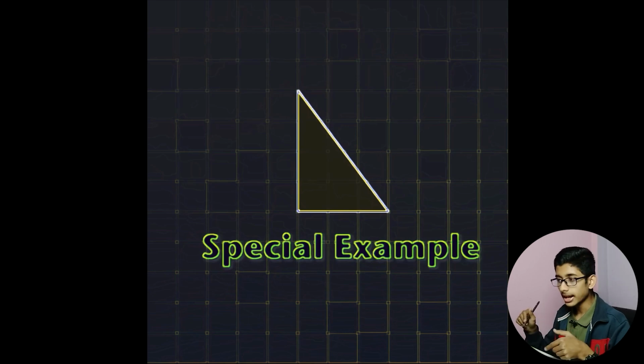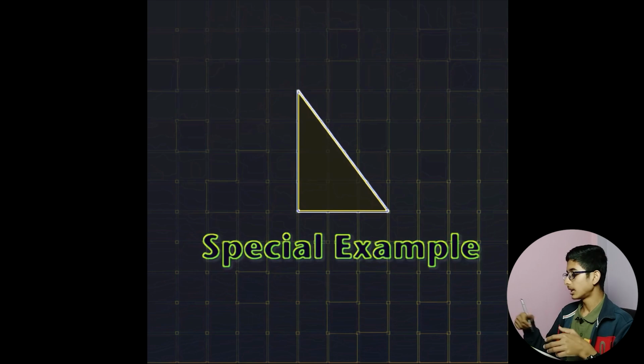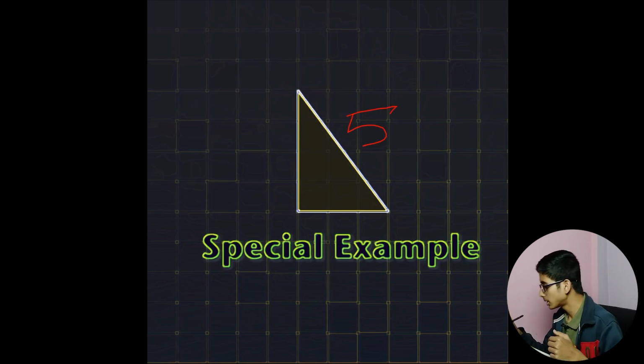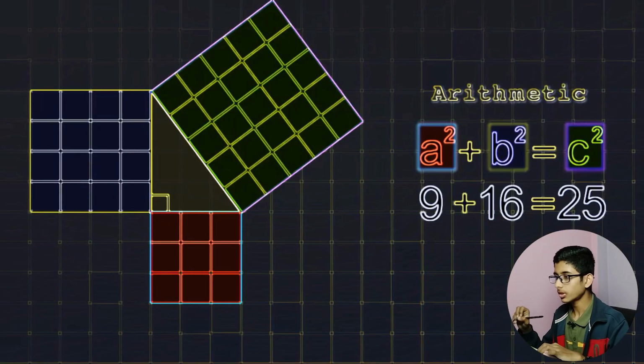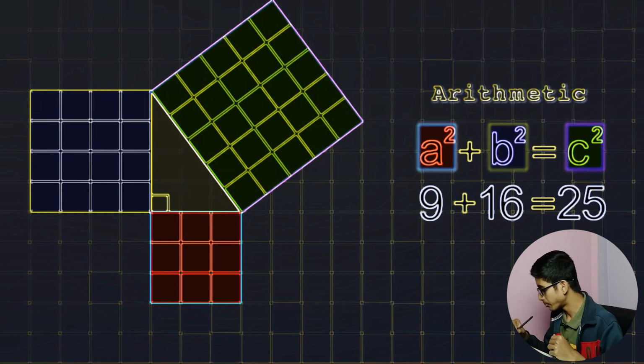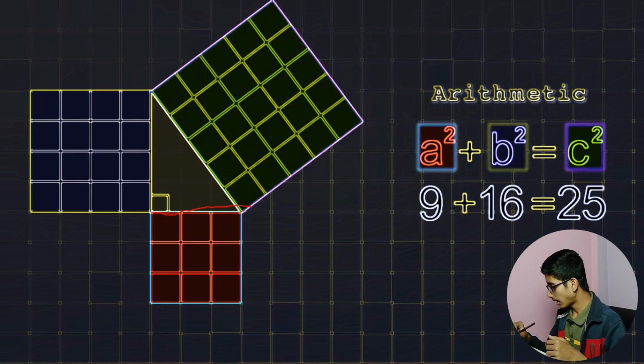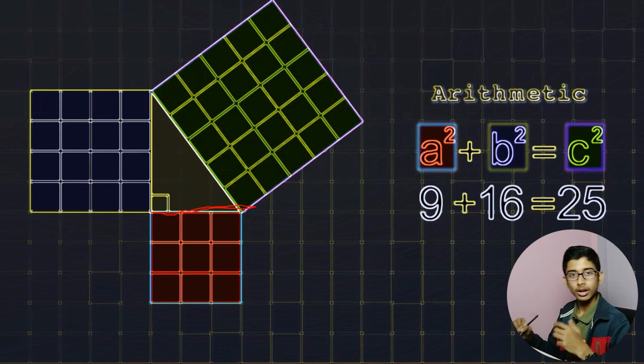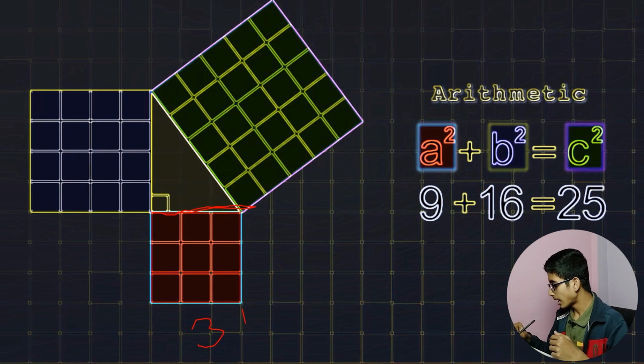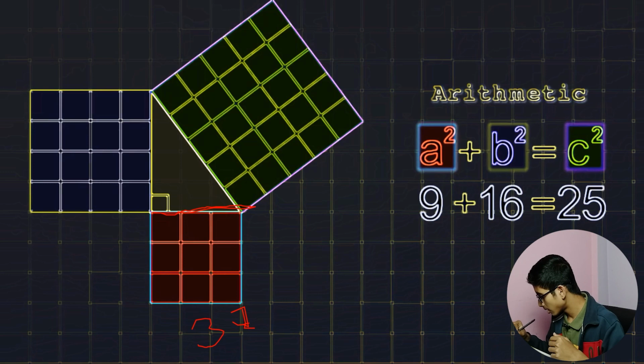So, to understand the Pythagorean theorem, we are going to use a special example. In our special example, the hypotenuse is 5 and the two legs are 4 and 3. So, here you can see that our first leg was 3 and 3 squared is equal to 9.